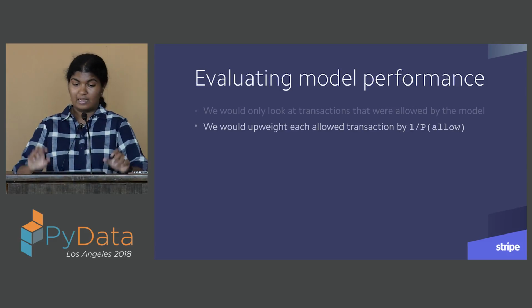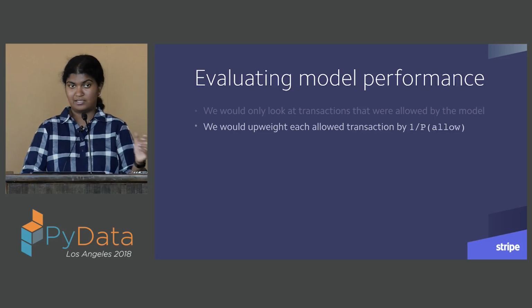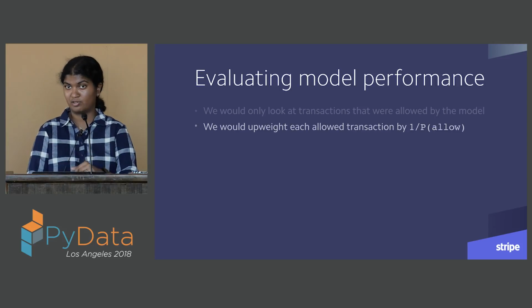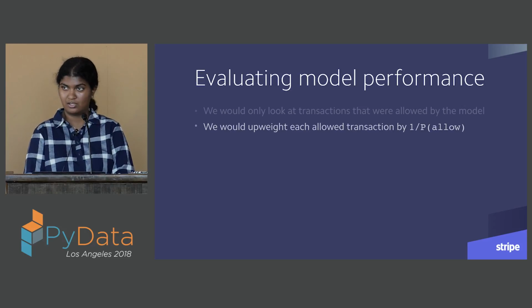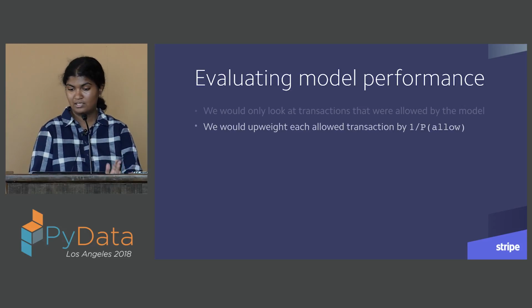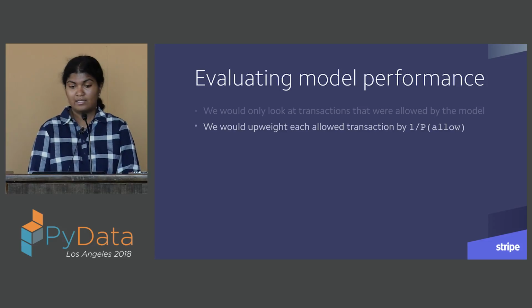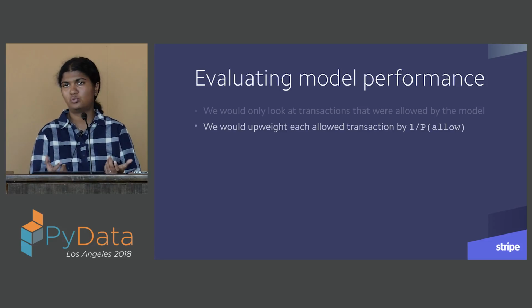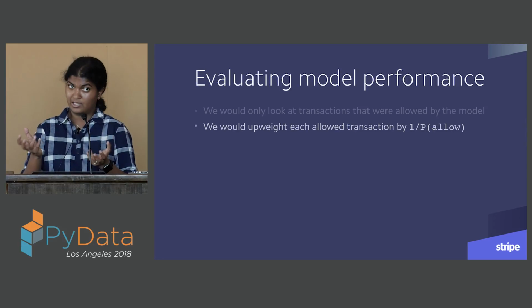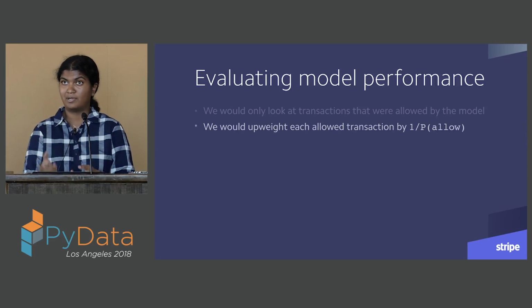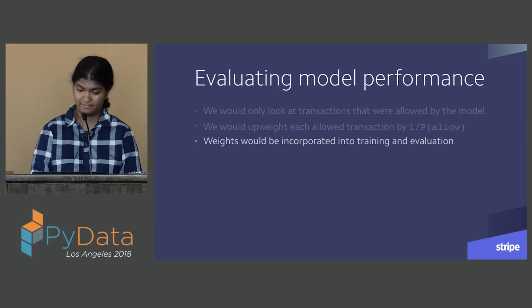We would then upweight each transaction that the model allowed by 1 over P(allow). So if the model was going to allow this transaction all along, if the score was less than 60, this weight was going to be 1. But if the model was going to block this transaction, and it had a 0.1 probability of being reversed, now if we end up allowing that transaction, it gets upweighted by 1 over 0.1, which is 10.